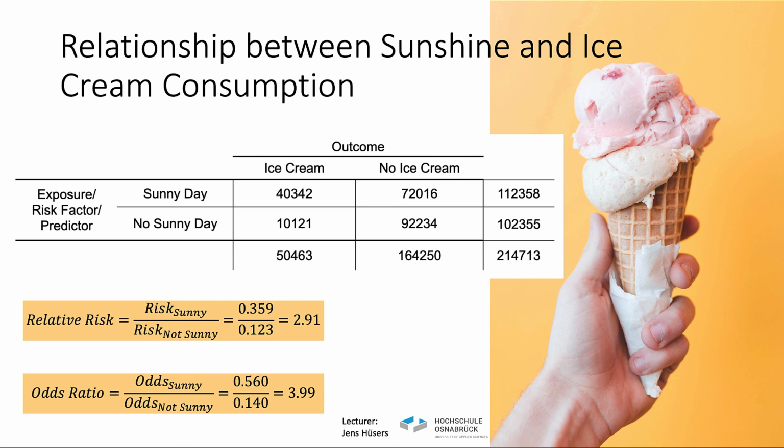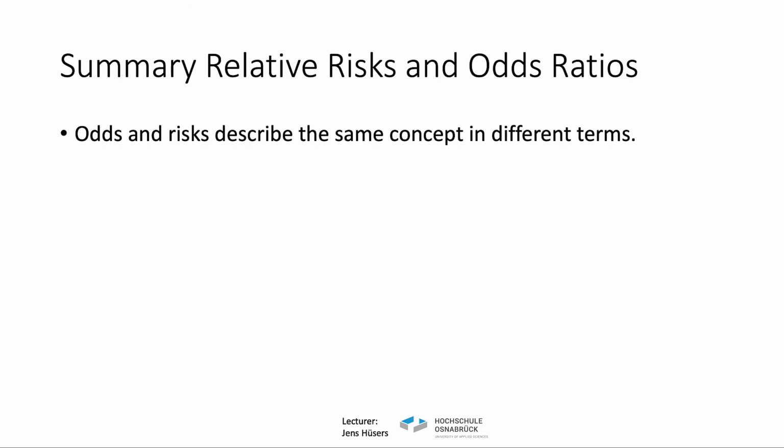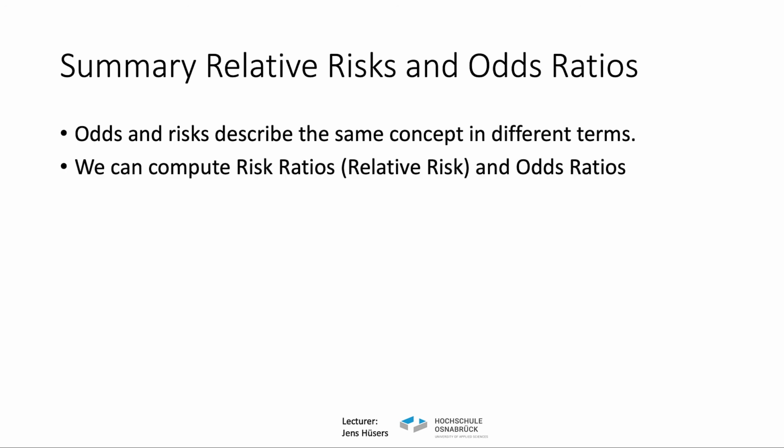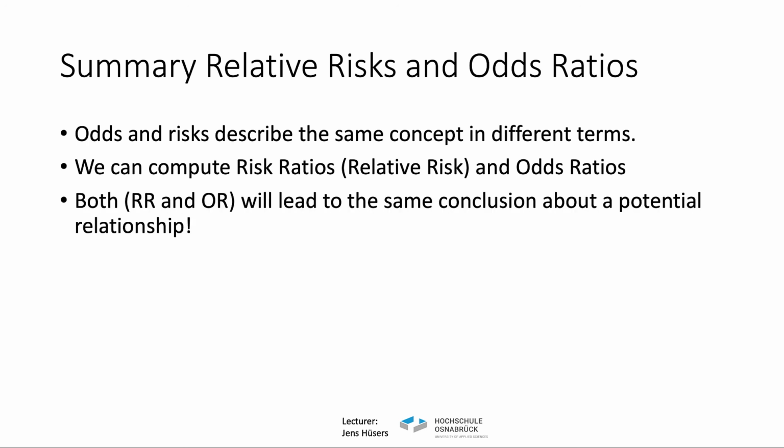So, the central takeaway message is that odds and risks describe the same concept in different terms. For both, we can calculate ratios to obtain information about the relationship between variables. And both statistics will lead to the same conclusion about a potential relationship.